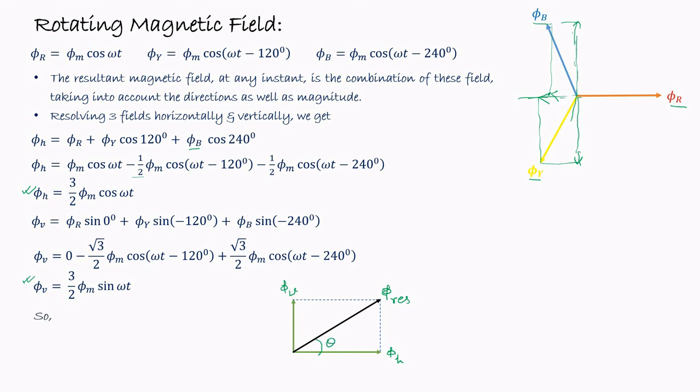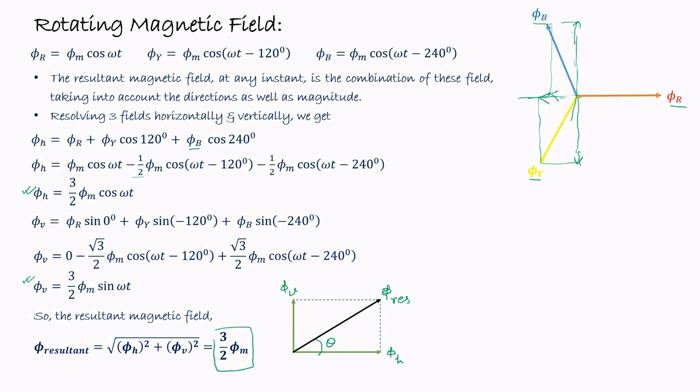So the resultant flux can be calculated by square root of horizontal component square plus vertical component square, and finally we'll get the value as 3 by 2 of phi max. This is the magnitude of the resultant magnetic field which is produced by the three-phase balanced fluxes.